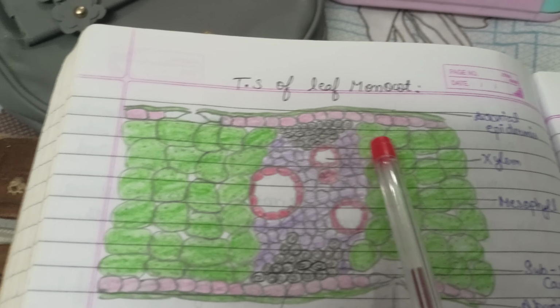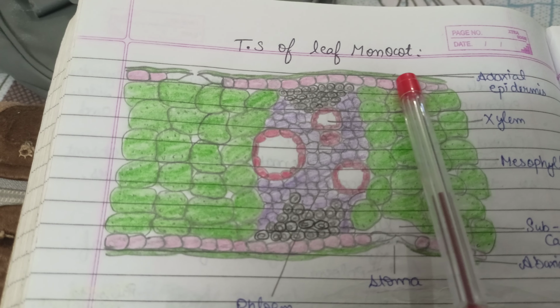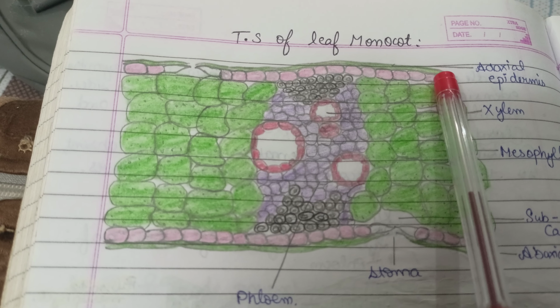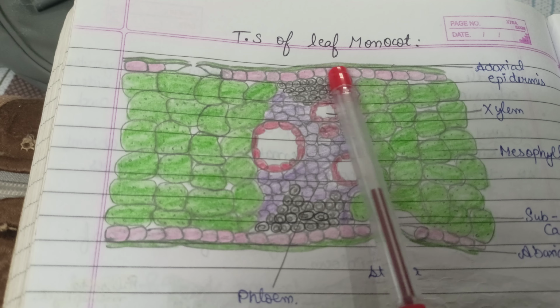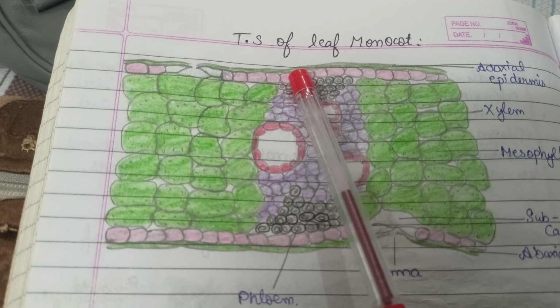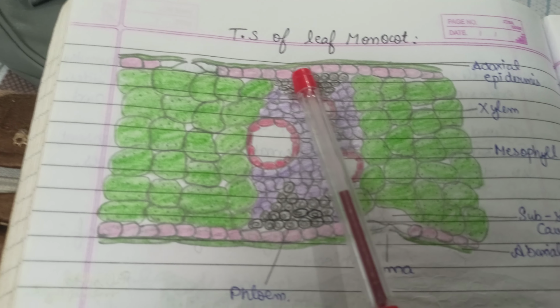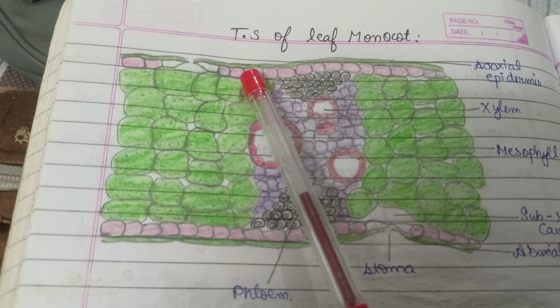You can see this is the TS of the monocot leaf, so you can see this is the epidermis, and below the epidermis there is the adaxial epidermis, which is generally modified to form a barrel-shaped structure.